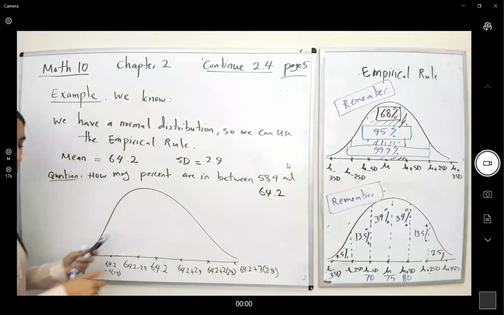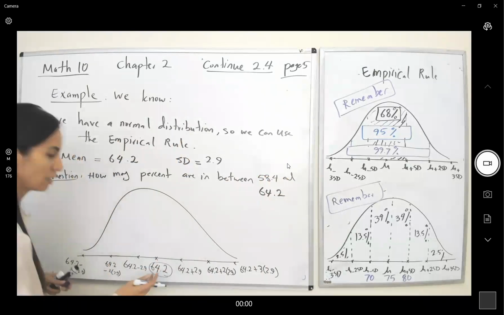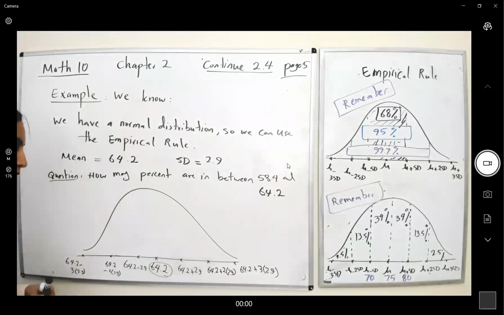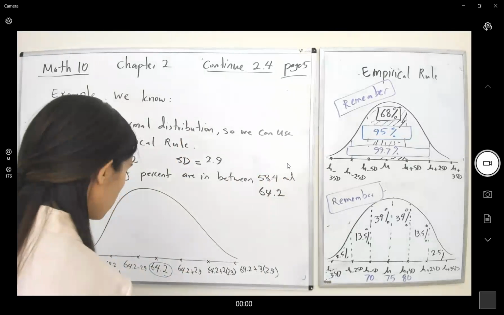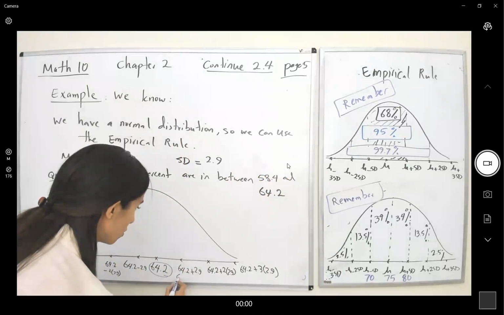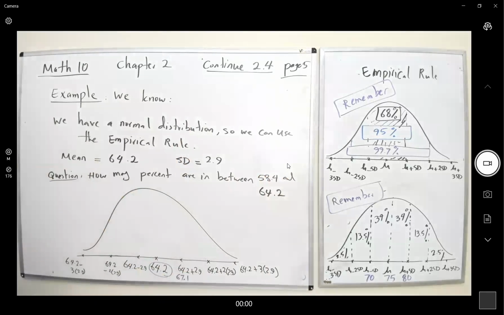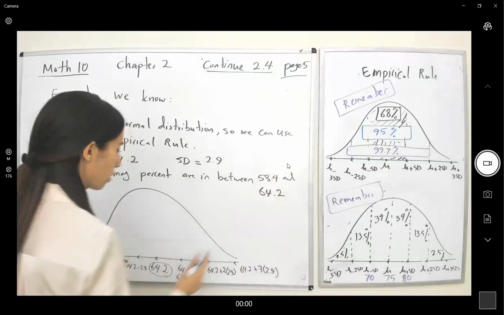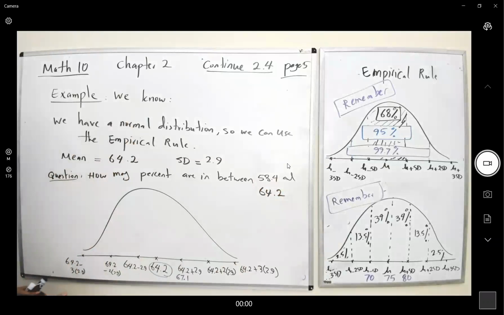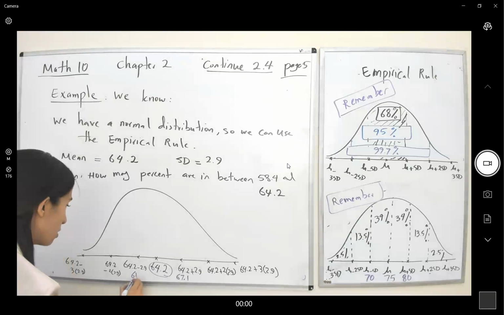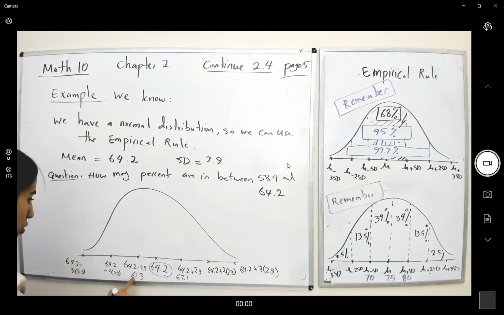Okay, 64.2 is already here, so I'm going to circle that, and I'm going to do the calculation to write down the rest of the numbers. 64.2 plus 2.9 actually gives you 67.1. Since it says 58.4, I have to go to the left-hand side, not the right-hand side. If you do the calculation here, you get 61.3. And here, we're going to subtract 2.9 from 61.3. It's going to be 58.4. This is the number that I'm looking for.